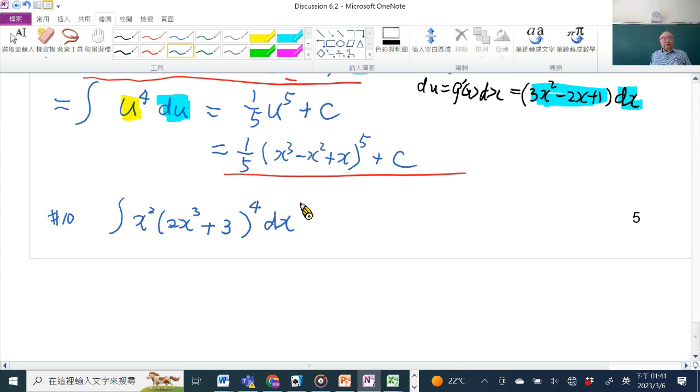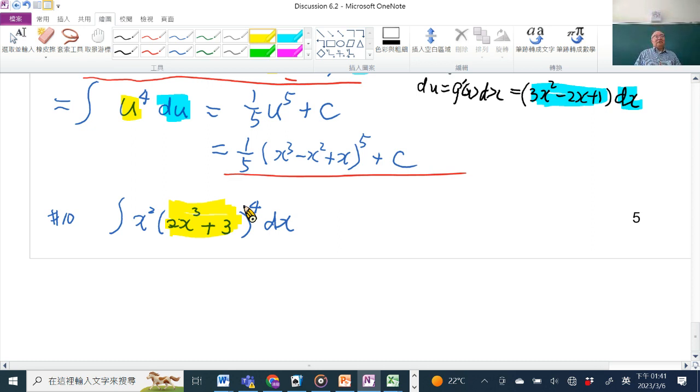Okay, now it probably will be fine if we have this one as the g of x. Then we have to check if the outside part is g prime of x, and happens to be in this case g prime of x is 6x to the power 2, and we don't have 6 times x to the power 2.